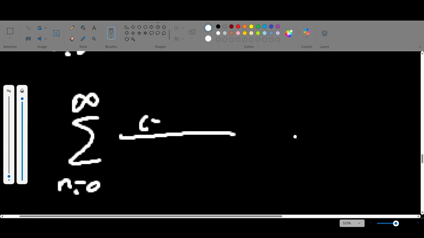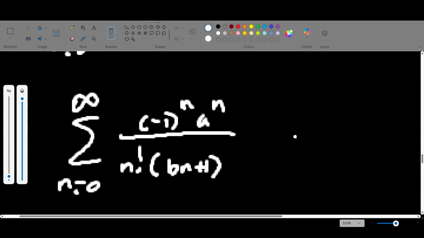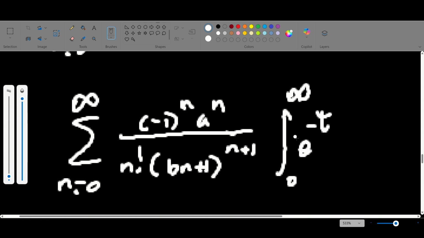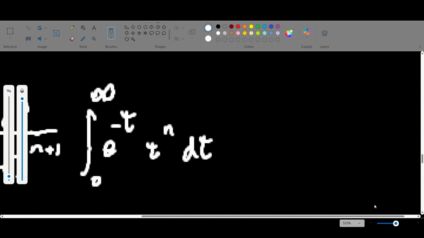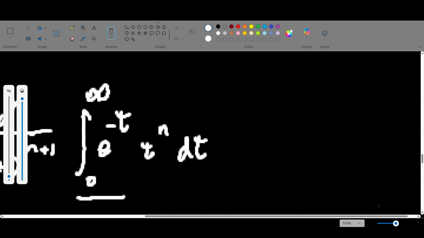Negative 1 to the n, a to the n, n factorial times bn plus 1 to the power of n plus 1. And we'll be left with the integral, that should be an infinity, of e to the negative t times t to the n dt. Now, to note that this integral here is just equal to n factorial.